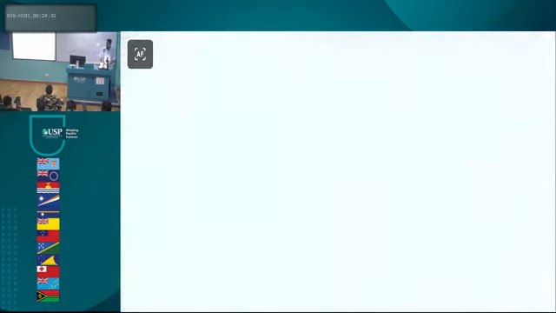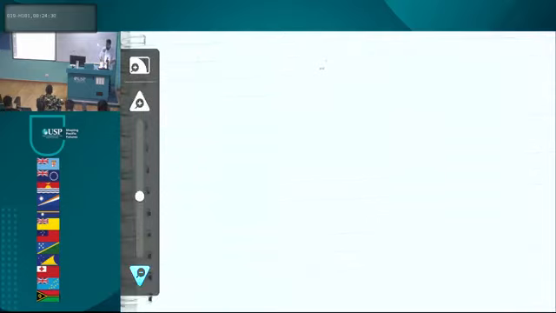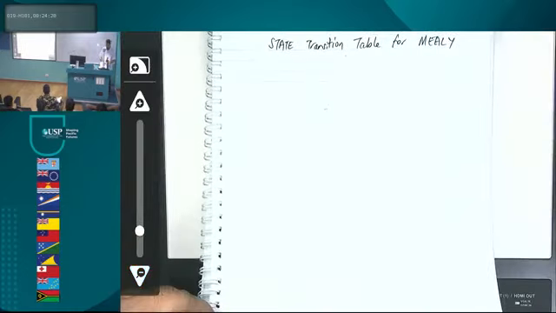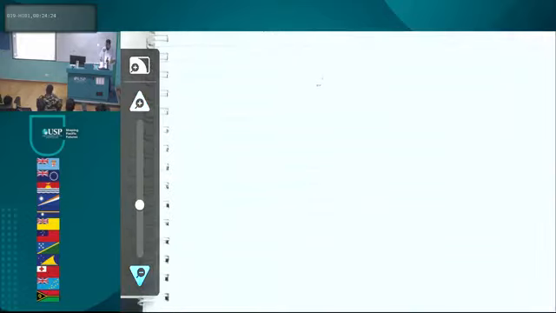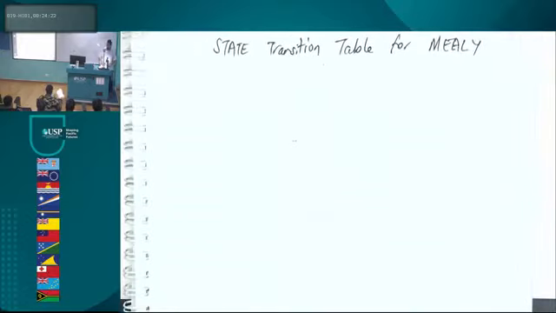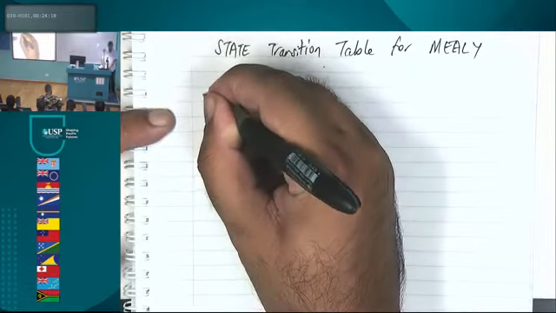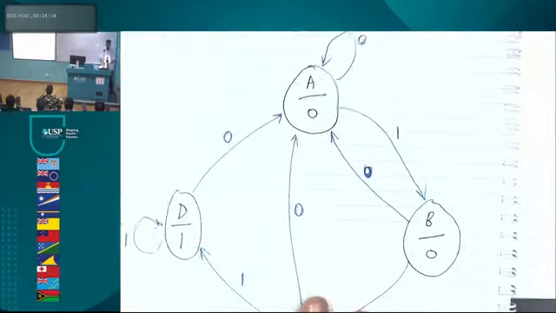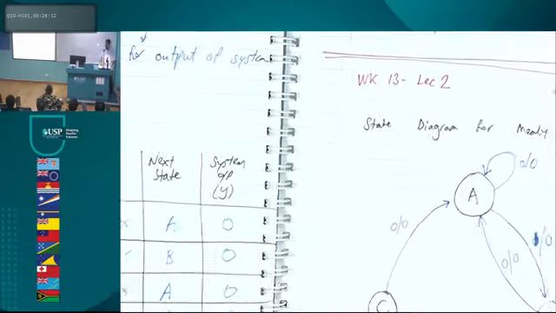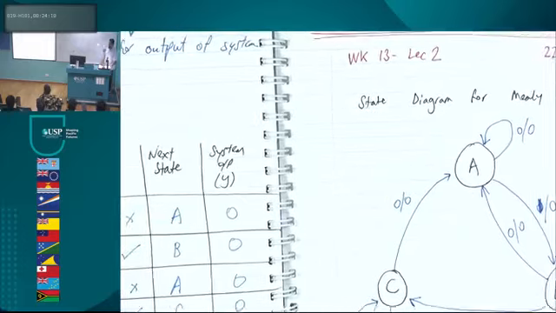So in Moore, okay, so what we do is we say, let's label our states. Let's now think of it, eh? Interesting. You can't just go and jump into the state table like that. Let's have a look at this.